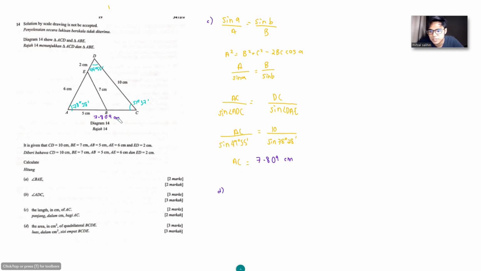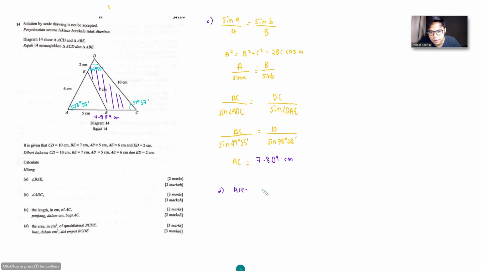So the easiest way for you to find the quadrilateral BCDE is that you can subtract ADC with ABE, meaning that you subtract the big triangle with the small triangle. So then you will be left with this area over here. Okay, so that is what we are going to do.